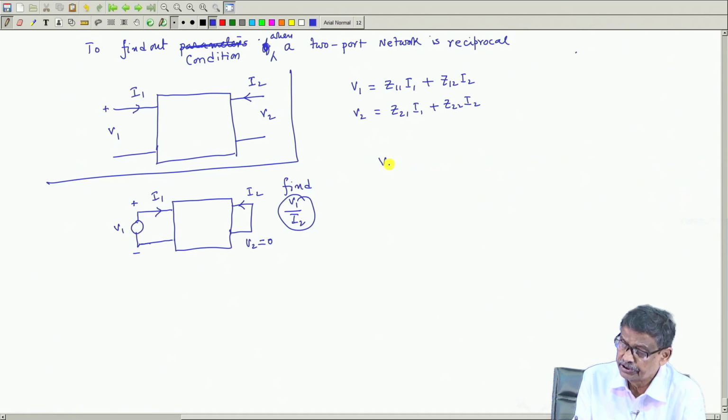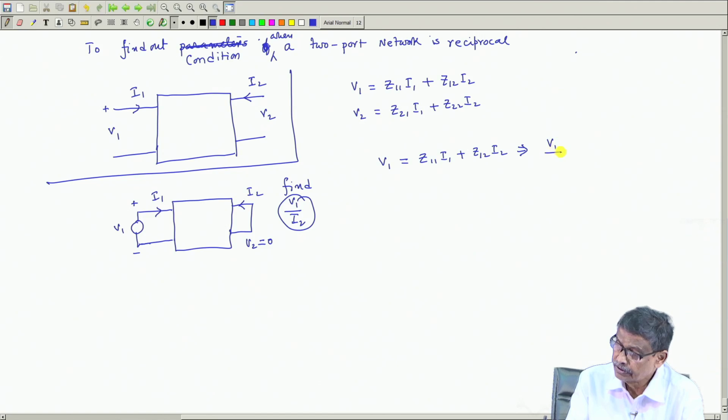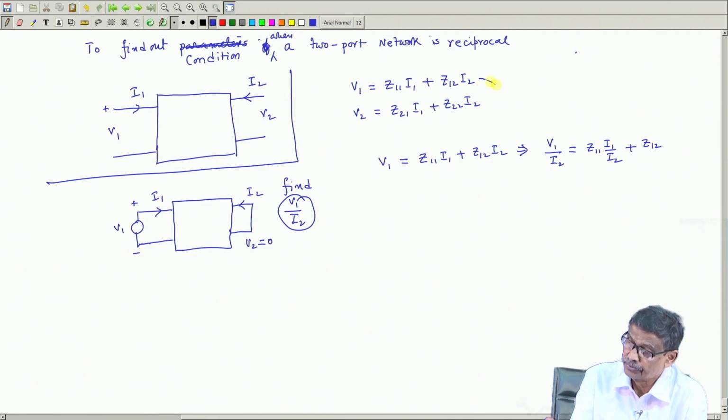From the first equation, V 1 is equal to Z 1 1 I 1 plus Z 1 2 I 2. Here no V 2 exists, therefore I 1, I 2 and V 1 are all present. So from this I can say V 1 by I 2 is equal to Z 1 1 into I 1 by I 2 plus Z 1 2, dividing both sides by I 2.